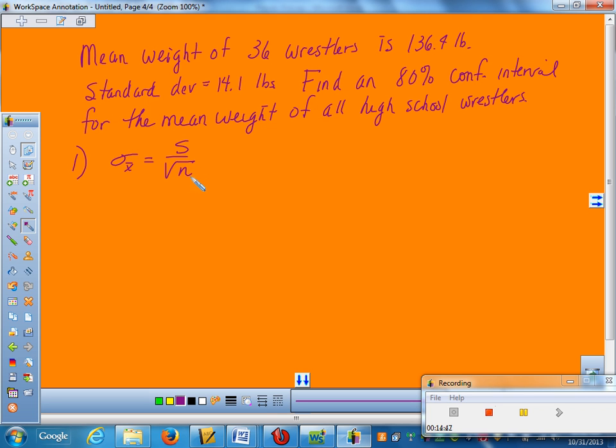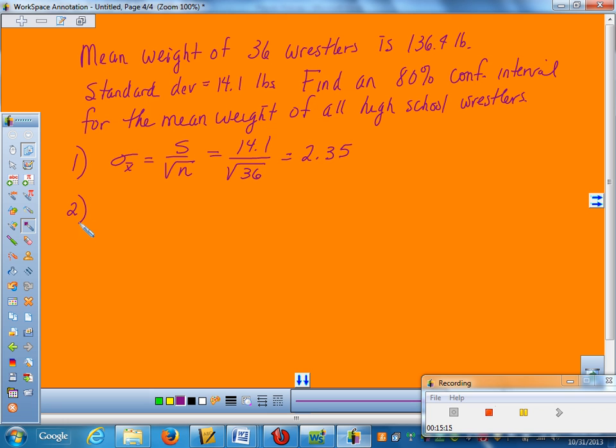So what was our standard deviation? 14.1 over the square root of how many people did we sample? 36. 14.1 divided by the square root of 36, that's just divided by 6, comes out 2.35. That's the easy part. Actually, none of this is that hard if you just know the steps.